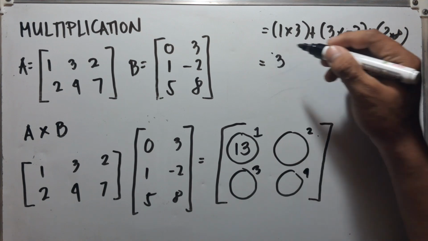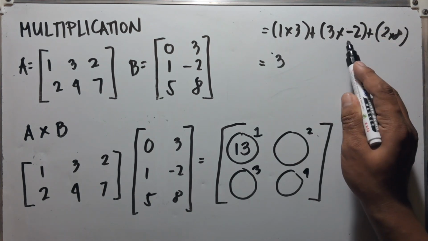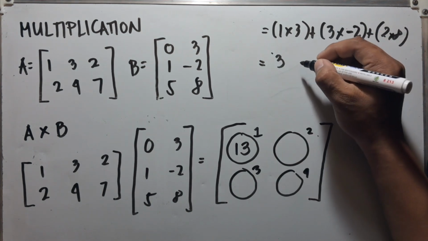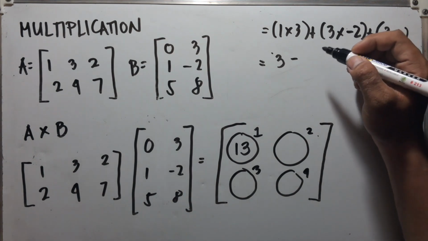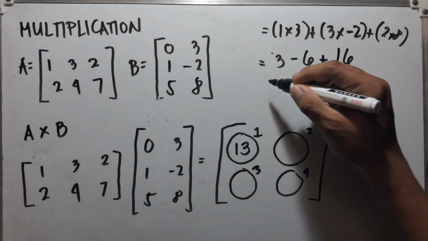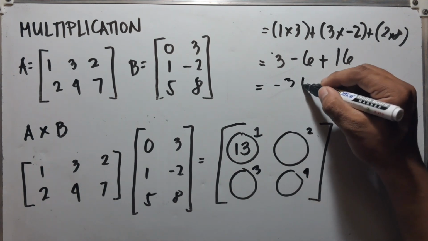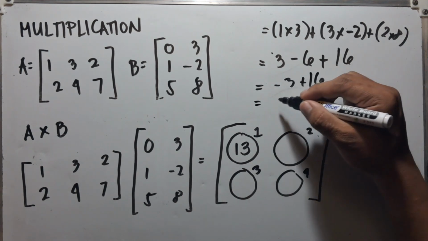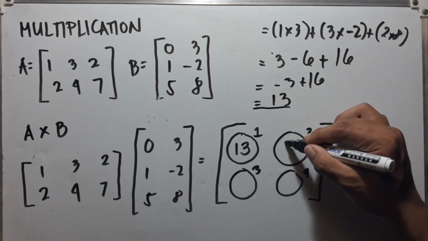So that will be 3, then we distribute the sign, so that becomes negative 6 plus 16. So the answer is negative 3 plus 16, which is 13.